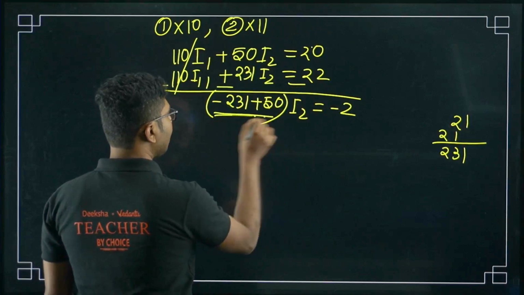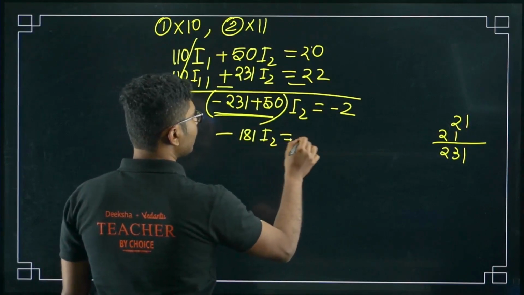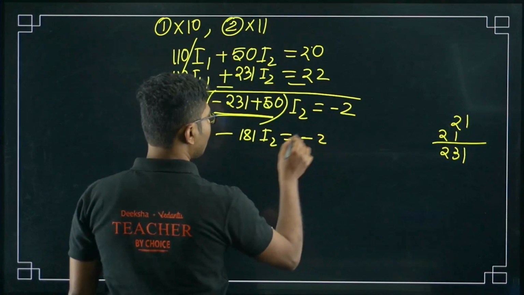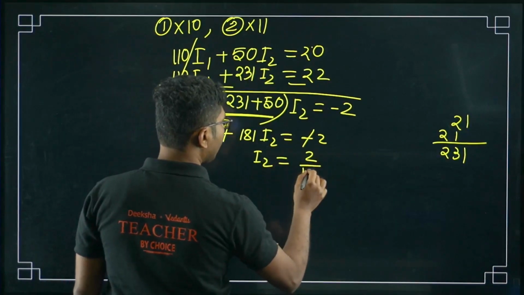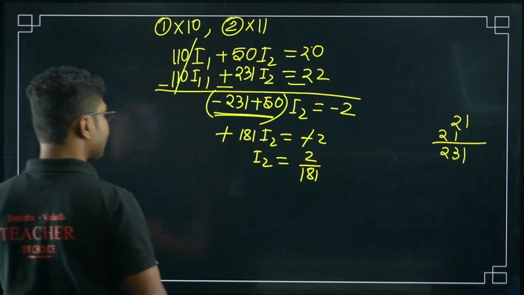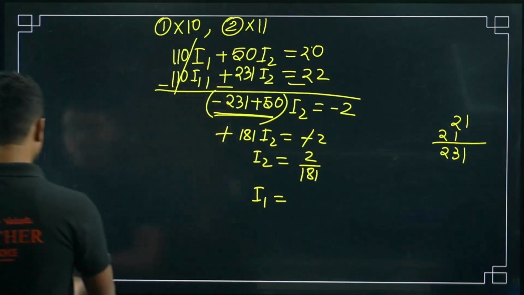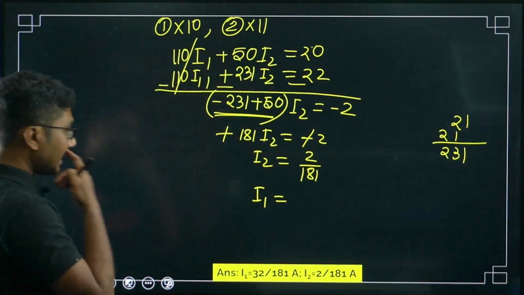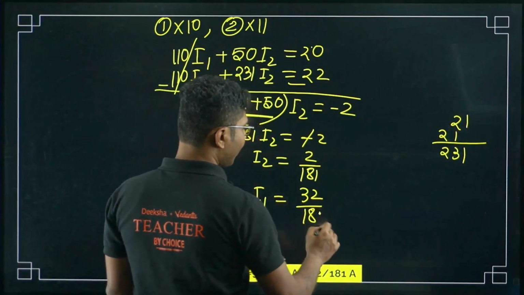So minus 181 I2 equals minus 2, the minus signs cancel, so I2 will become 2 by 181. Now you can put this value back into one of the equations to calculate I1. If you calculate it, you will get I1 to be 32 by 181. I am not calculating.